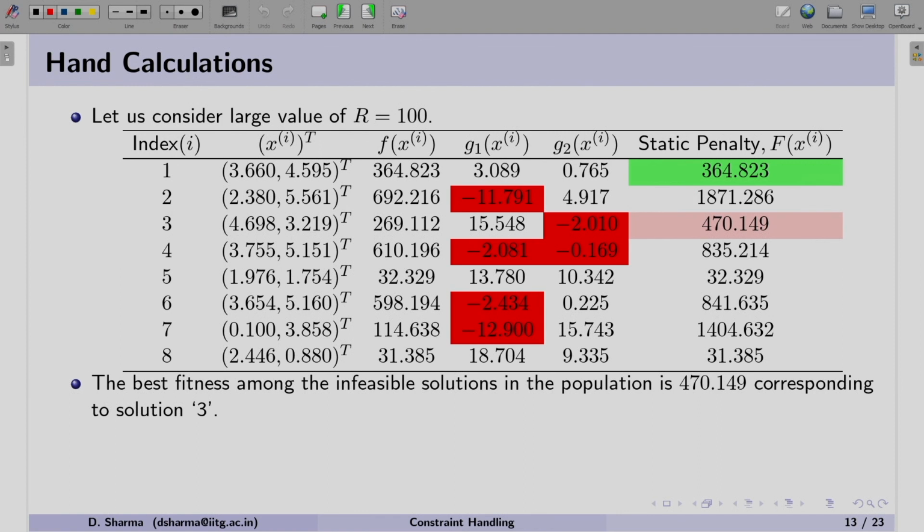Similarly, we can calculate the static penalty value for solution number 3, which is infeasible, 4 is also infeasible, 6 and 7 are also infeasible. Now, by taking r equals 100, we get the values as mentioned here in the last column of the table.